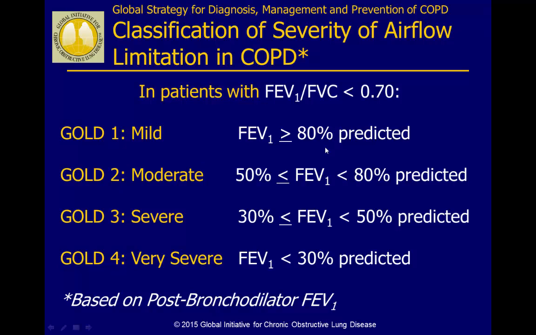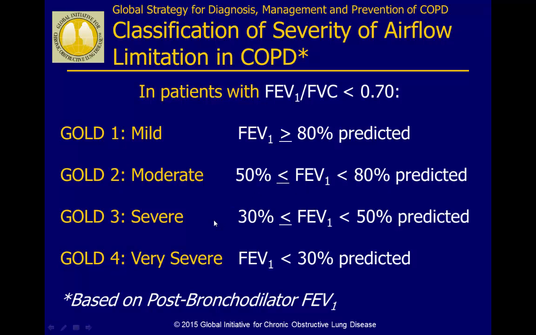But GOLD's criteria says that you might have clinical features of COPD, you are smoking, but you're not at the main classification yet. So you're mild when you're normal, you're moderate when you're less than 80% but more than 50%.